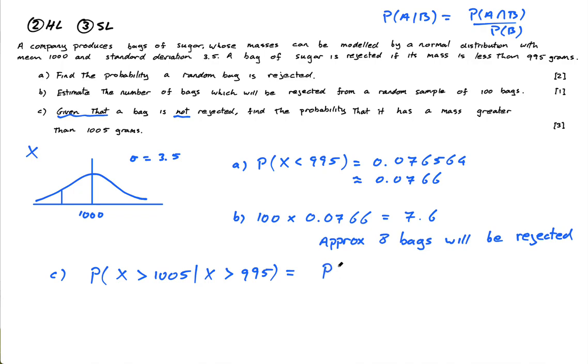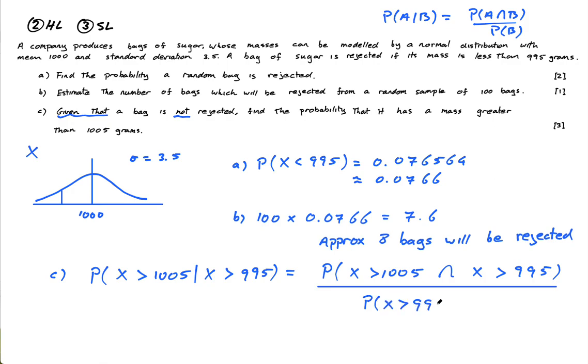So this is equal to the probability that X is bigger than 1,005 and X is bigger than 995 divided by the given, which is the probability that X is bigger than 995. Now, common mistake here, guys, is to get this probability and multiply them together. That is very wrong, and it's wrong because it's not this times this, it's this and this. You only multiply them if they're independent, and they're certainly not independent here.